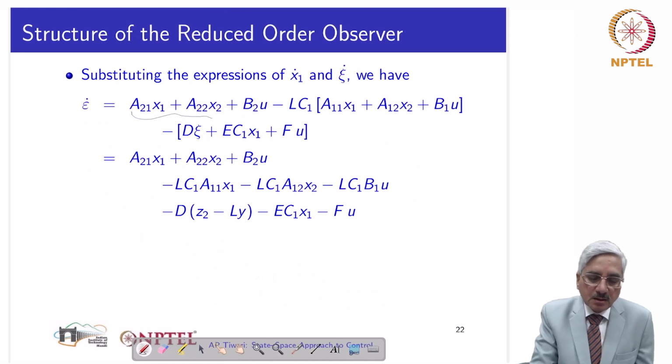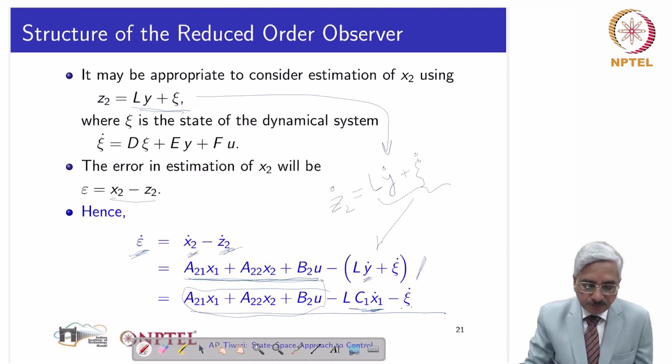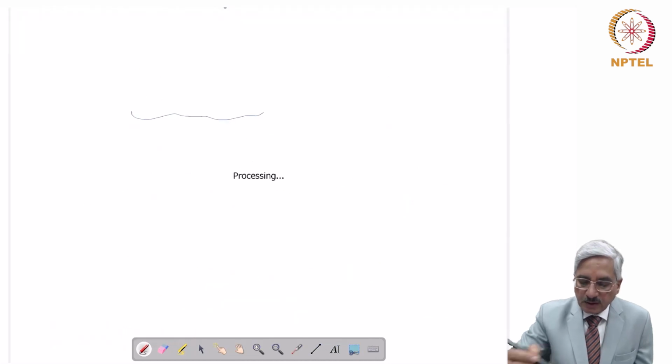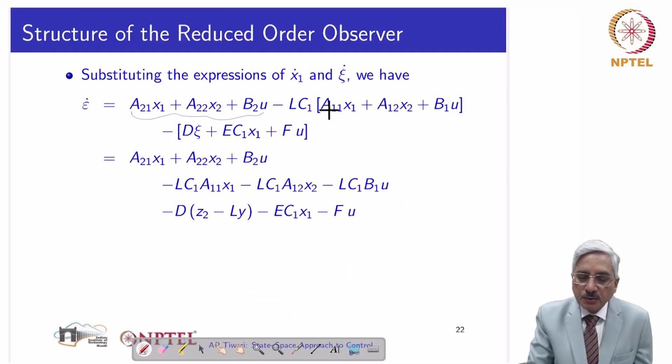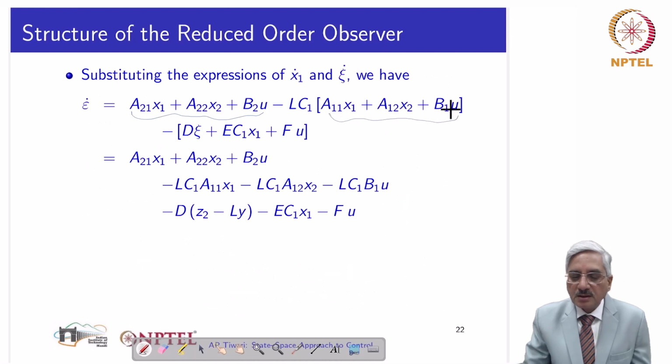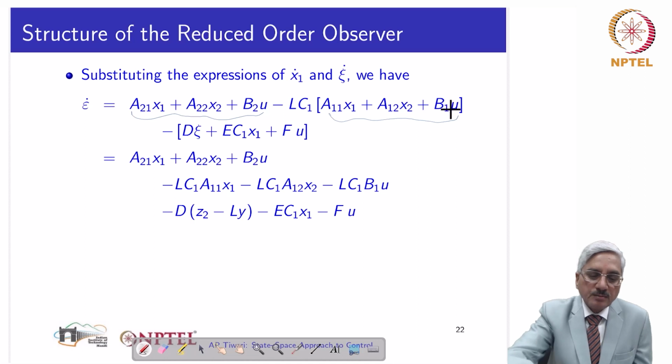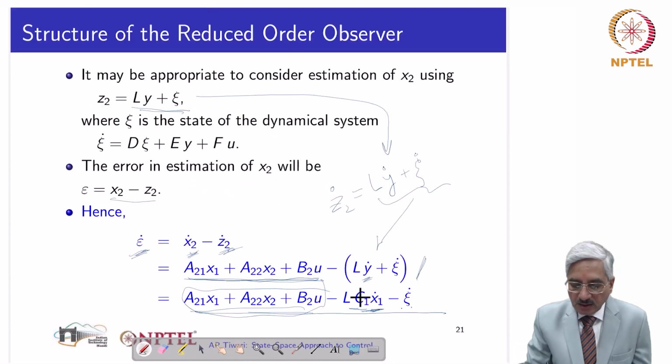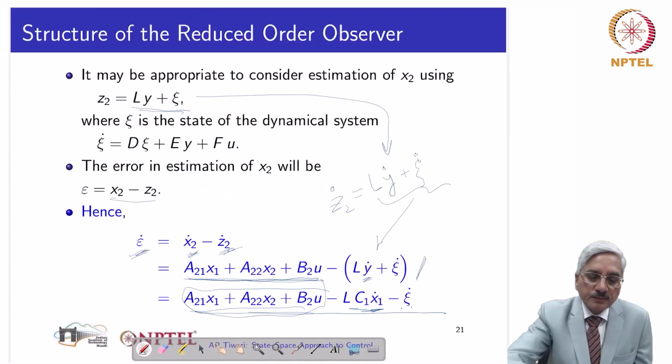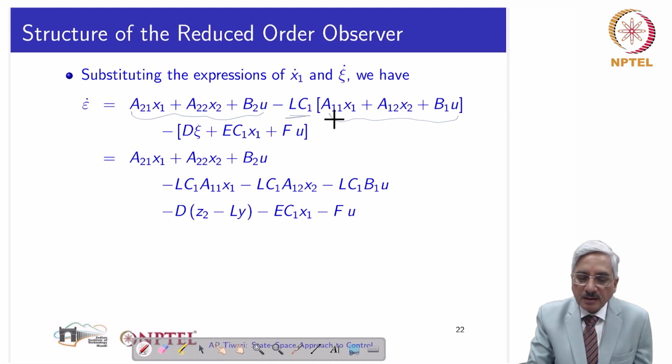So in place of x1 dot we substitute A11 x1 plus A12 x2 plus B1 u, and it was multiplied by Lc1, so Lc1 x1 dot is Lc1 multiplying this.